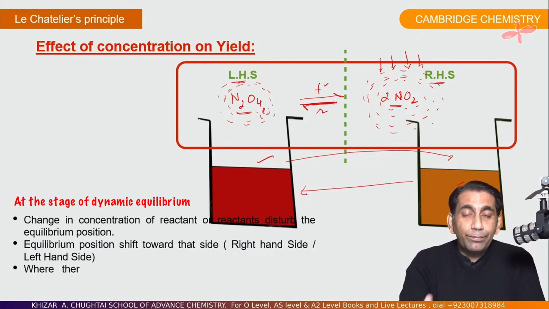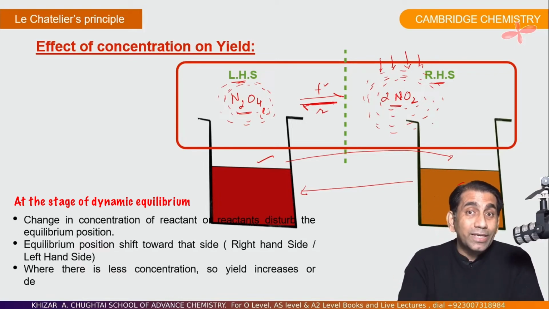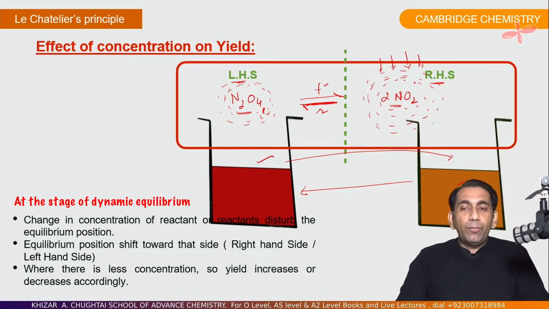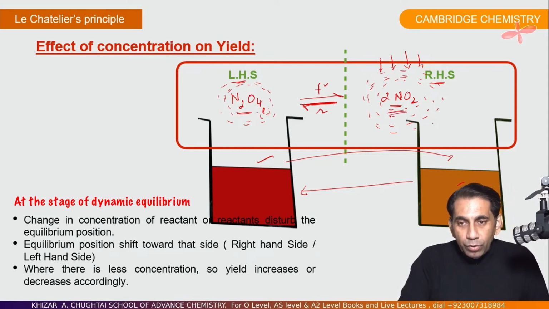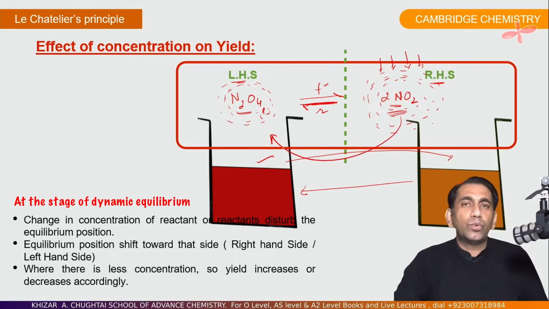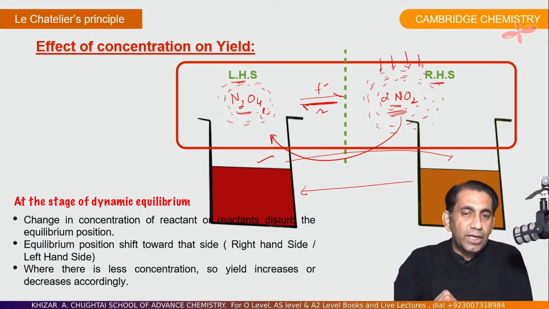So, what is the final point? The basic point is it will shift toward that side where there is less concentration. As I told you, if I add more nitrogen dioxide, the equilibrium will shift back towards N2O4, where there is a lower concentration of N2O4.